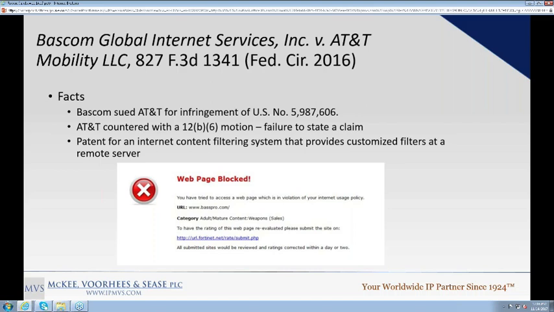But then a variety of other businesses started changing what they wanted to prevent employees from accessing. Maybe it was games, or maybe in this case you can see it's actually Bass Pro Shop. It says the category is adult mature content weapons sales because it's Bass Pro Shop. And I'm sure a lot of people who worked at different places have gotten these. Sometimes you're going to a website you need to go to and you get a web page blocked.